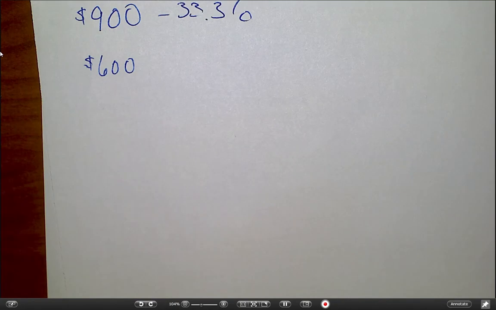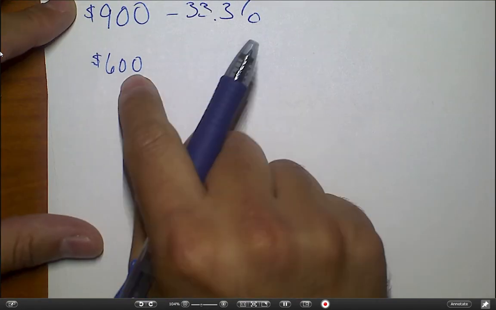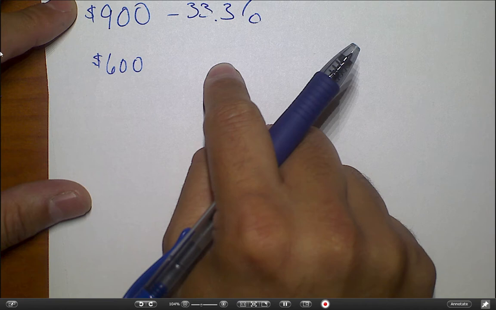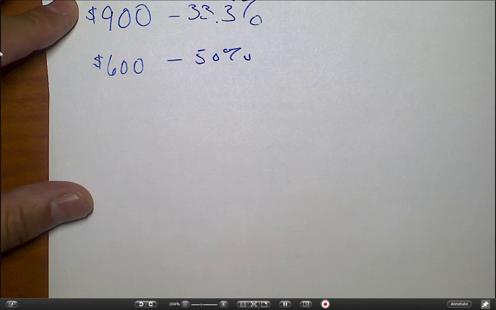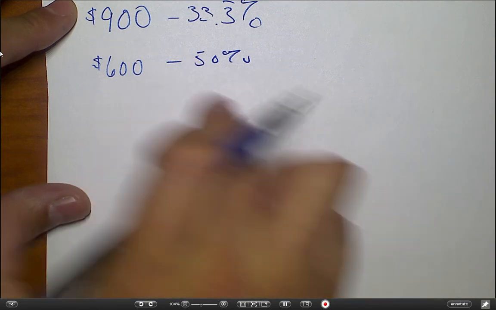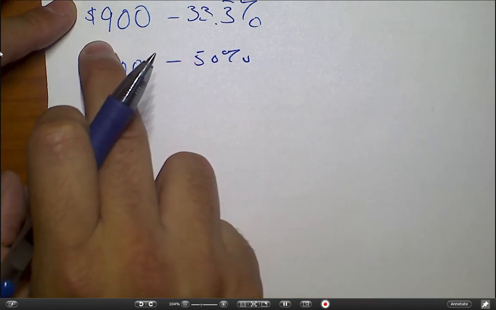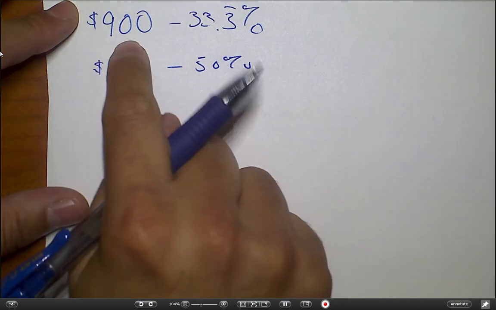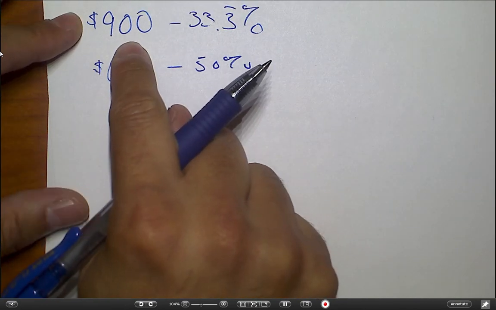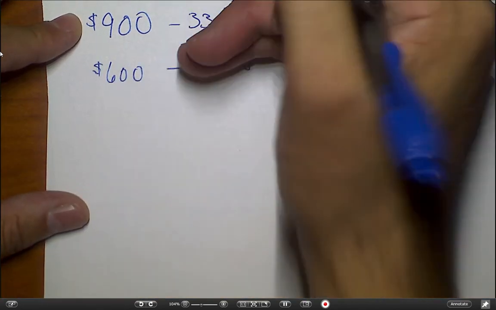So now she's taking half of this, which is minus 50%, right? If she was taking half of the original, she would take 450, wouldn't she? Because half of 900 would be 450. She's just taking half of what is left.